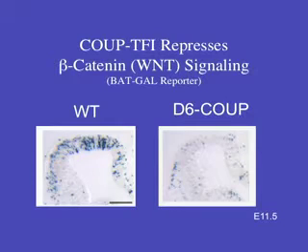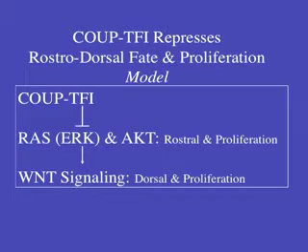So currently we have a very simple model that COUP represses signaling in the FGF pathway, RAS and AKT, and the suppression of this might be the reason that there's less Wnt signaling, although it's very likely there are other more complicated and maybe more correct epistatic arrangements of how these signaling pathways relate to each other. In any case, overexpression of COUP represses all three of these readouts, RAS, AKT, and Wnt.